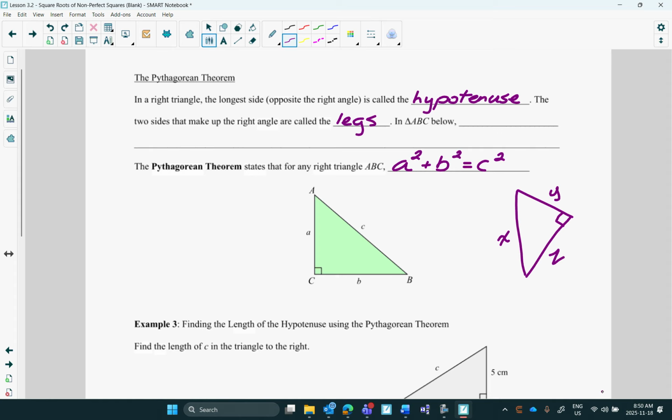So in this triangle below, C is the hypotenuse, and A and B are the legs.